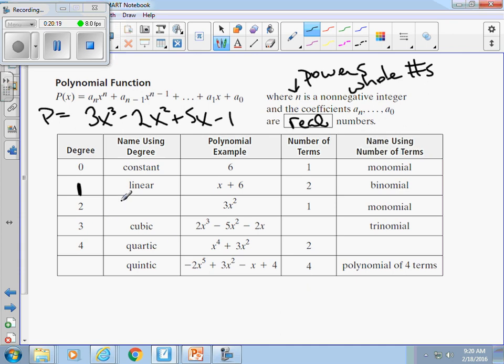If the degree is 2, what is that called? Anyone remember? It is a square, but what's the function called? We spent a whole chapter on them. X squared plus 3x minus 2, something like that. Starts with Q. Quadratic.